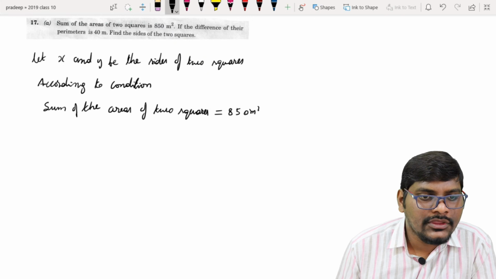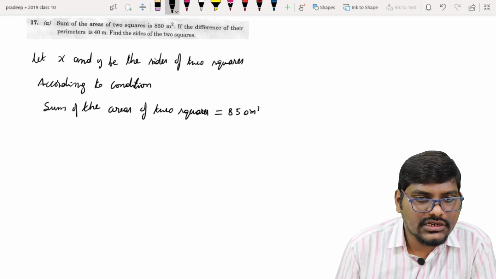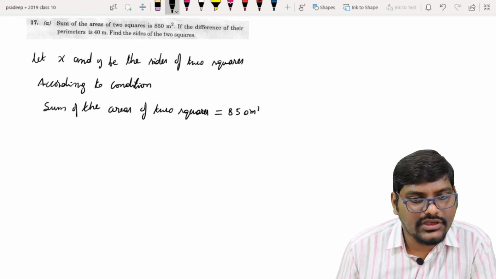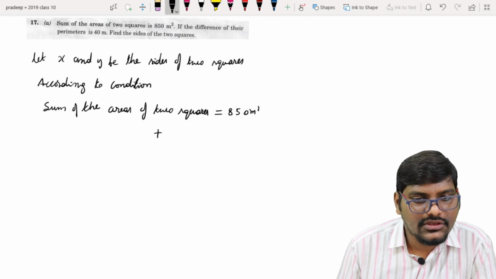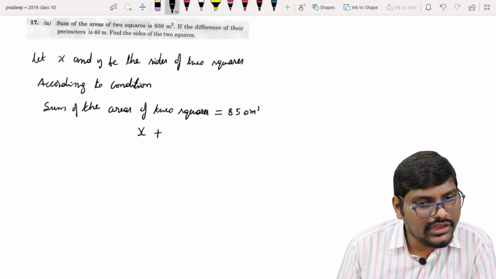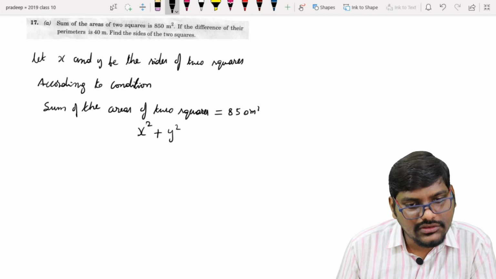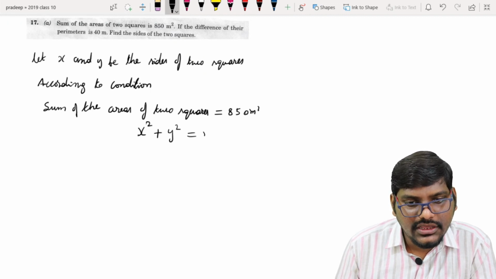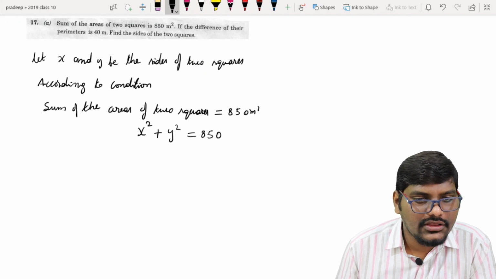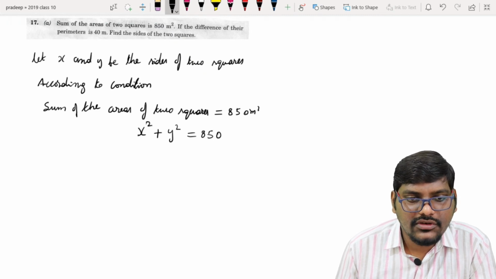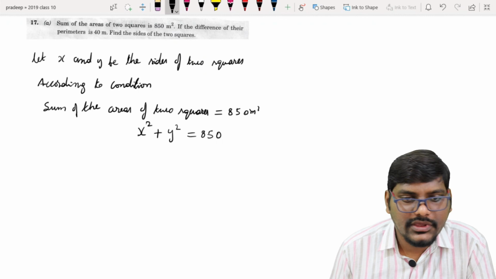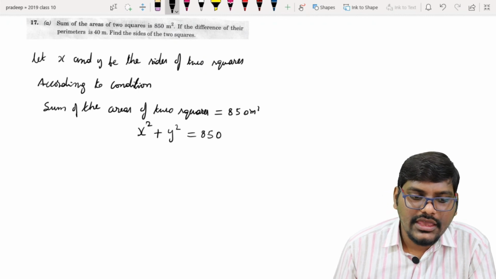One square is x, the other square is y. Sum means plus. First square is x, squaring means x square. Second square is y, squaring means y square. So that is nothing but 850. So this is the first condition.